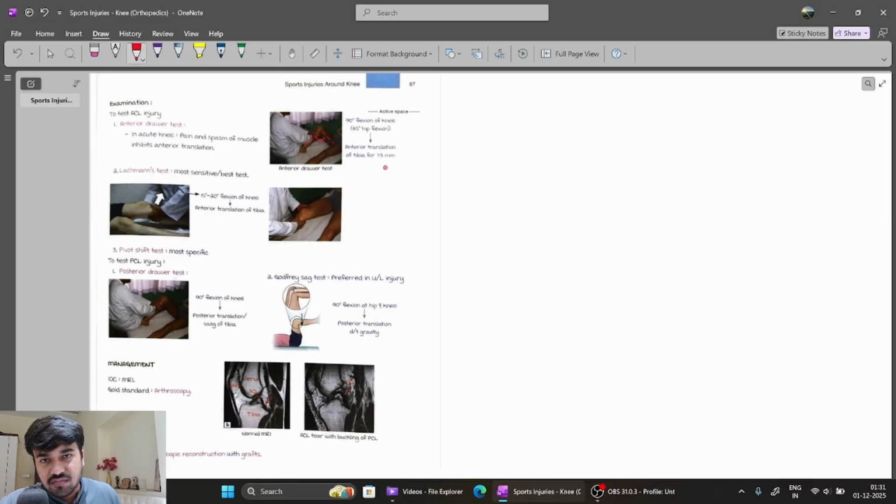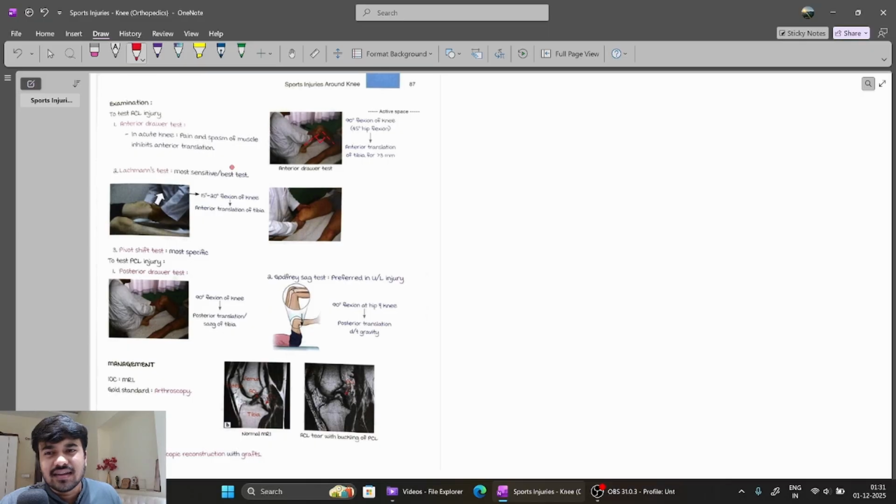If anterior tibial translocation is possible for more than 3 mm, then that is suggestive of an ACL tear, right? Although this test is not so good because even in an acute knee injury, the pain and spasm of the surrounding muscles itself inhibits anterior translation of the tibia. So this might give you false results.